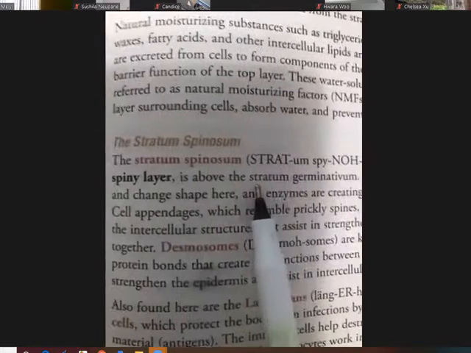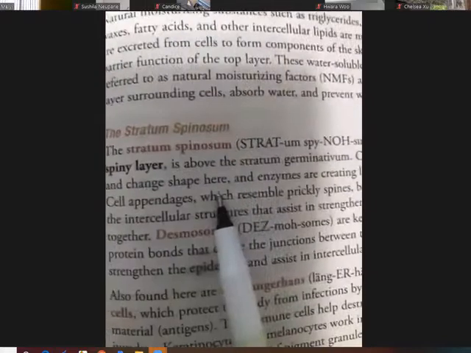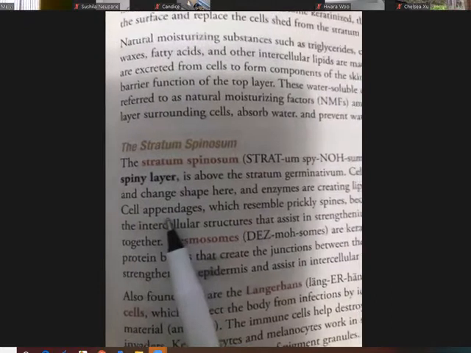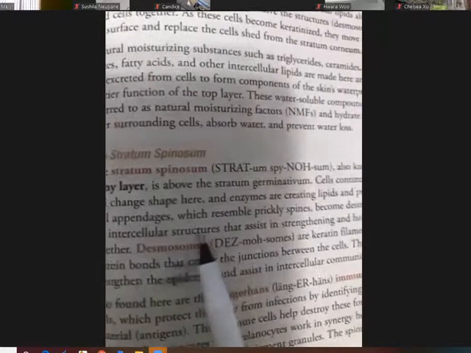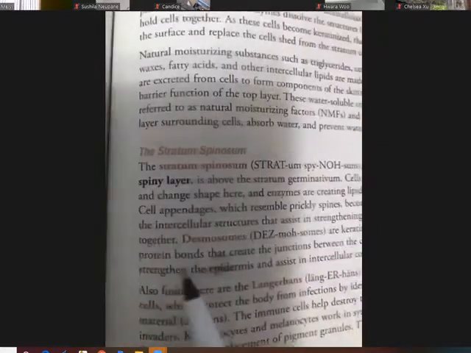Okay, so this cell continues to divide and change shape, and the enzymes are creating lipids and proteins. Cell appendages, which represent the prickly spines, are desmosomes. Okay, the intercellular structure that assists in strengthening and holding the cells together.